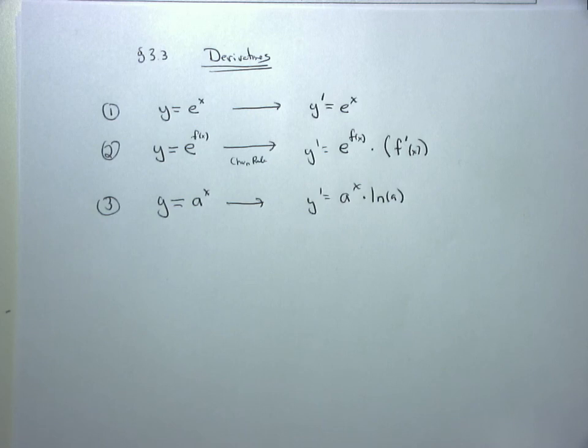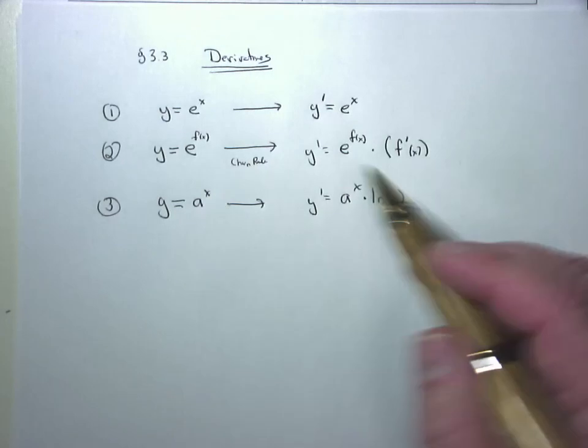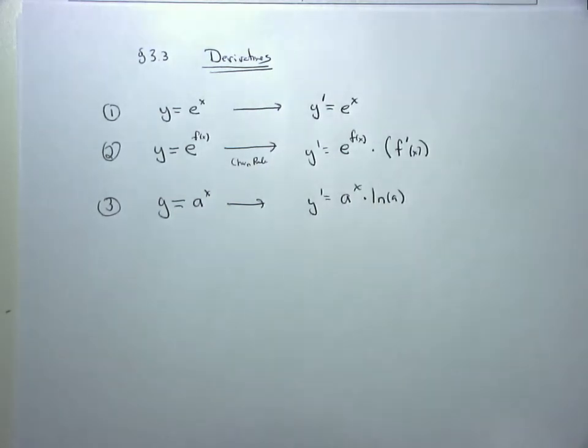So the derivative of a to the x is a to the x times the natural log of a, from the adjusting factor, because you didn't have an e. So for example, what's the derivative of 5 to the x? It's 5 to the x times the natural log of 5.